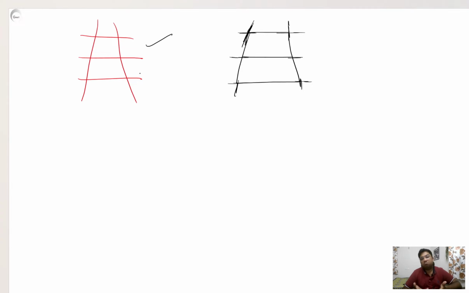If it does, it's a good day for us. But if it doesn't, then we will not count it as an intercept theorem question. Please understand, intercept theorem question will give you a very, very clear signal that in the diagram there are three parallel lines hidden somewhere. Obviously, you have to search for it.